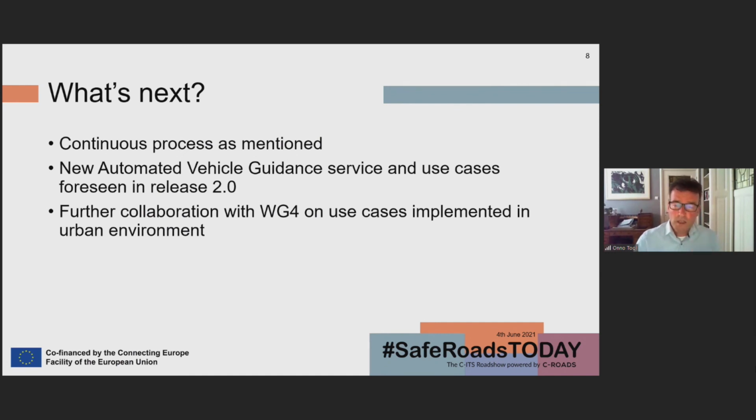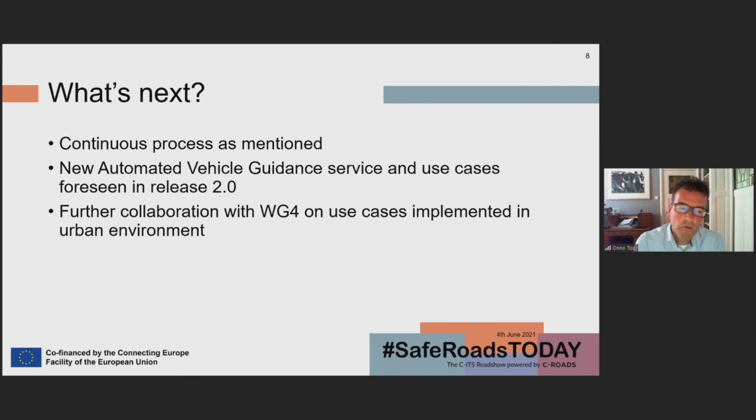So what's next for us as Task Force 2? Well, as I explained before, this is a continuous process within C-Roads. Basically, our work does not stop. It is ongoing. But to give a quick outlook, we will add, hopefully after acceptance in release 2.0, new automated vehicle guidance services and use cases.